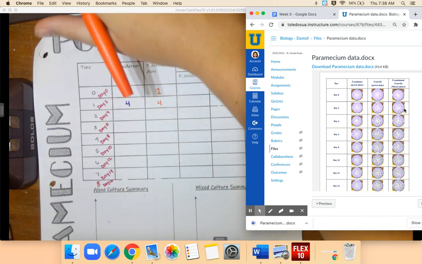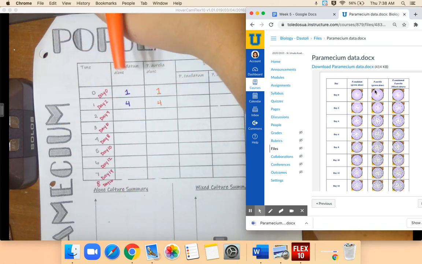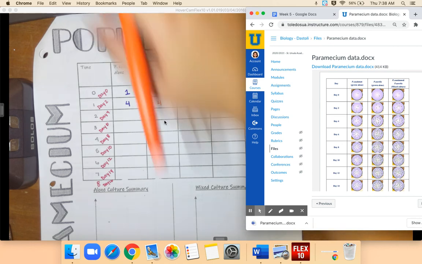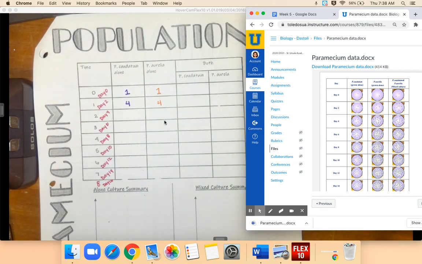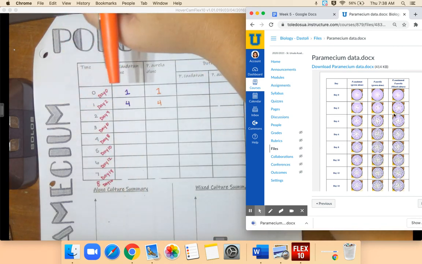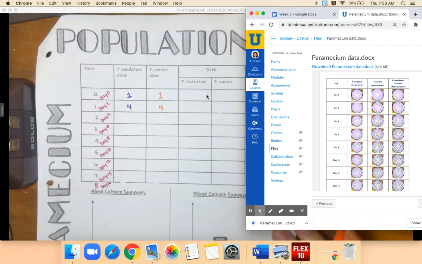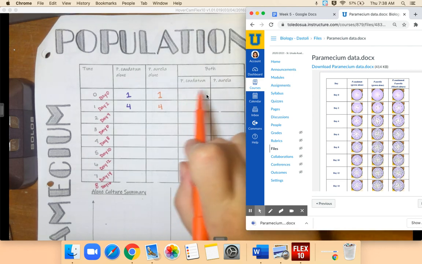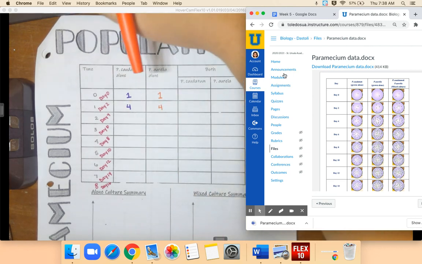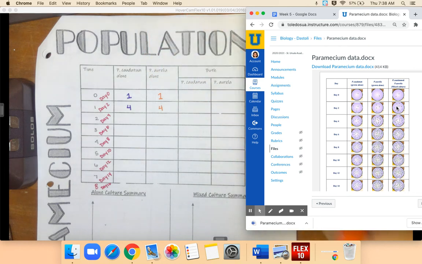So you'll count how many there are in each of these grown alone and put that in your table right here. Then you're probably going to have to make this bigger and zoom in on the data so that you can count how many there are of each type in the mixed culture.